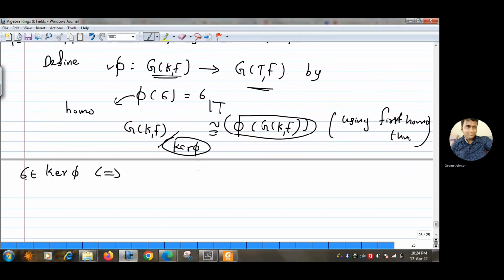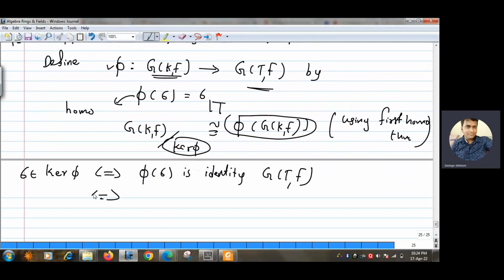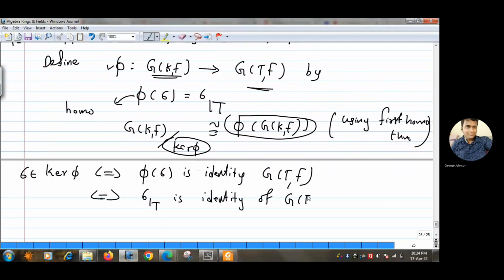Then phi of sigma is the identity of the codomain GTF. Now, phi of sigma is nothing but sigma restricted to T. So sigma restricted to T is the identity of GTF.